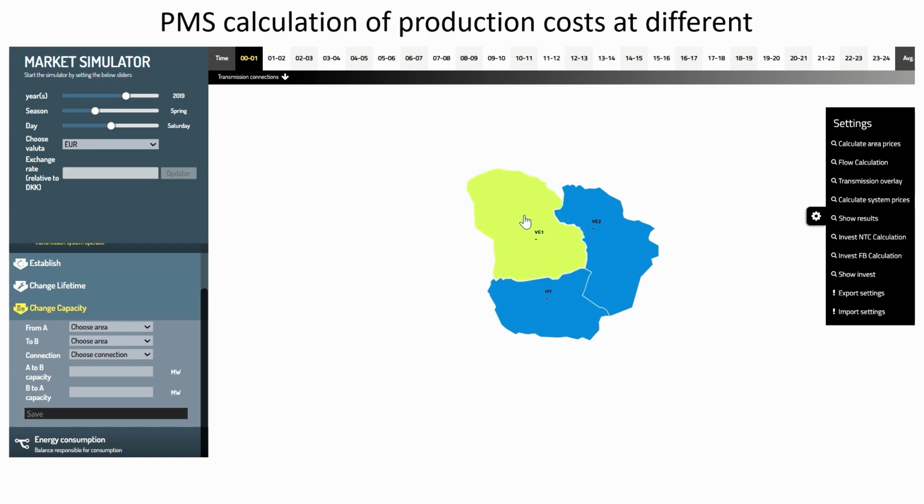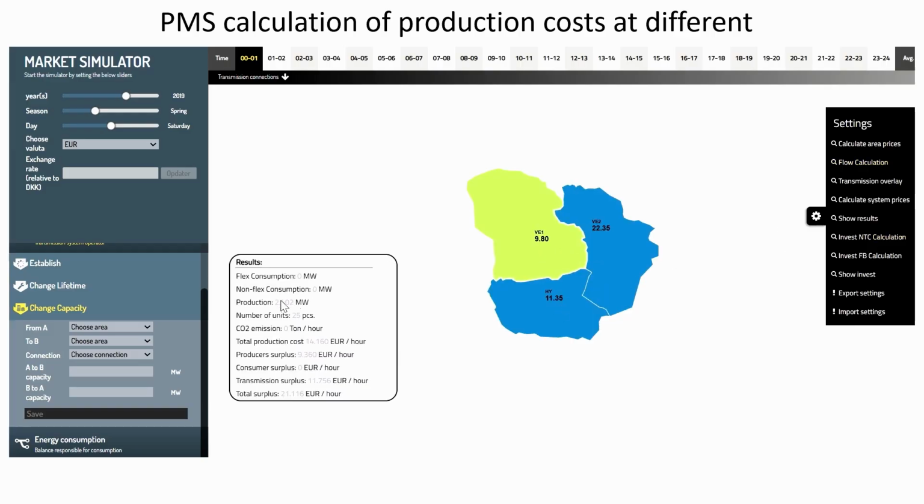And then I make a calculation where I say flow-based calculation, and for each of these areas I save the production and the total production cost for VE1, VE2 and HI, and also the total cost for all three areas in this period.